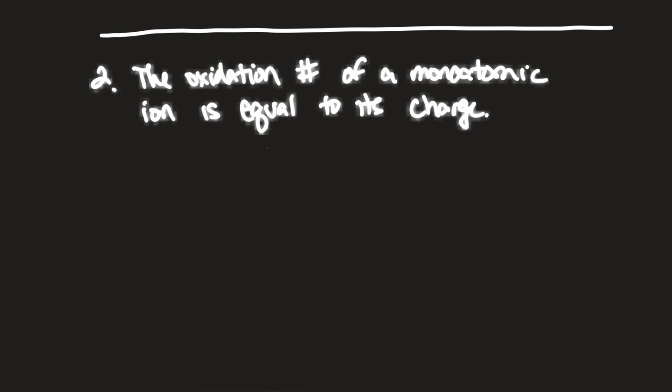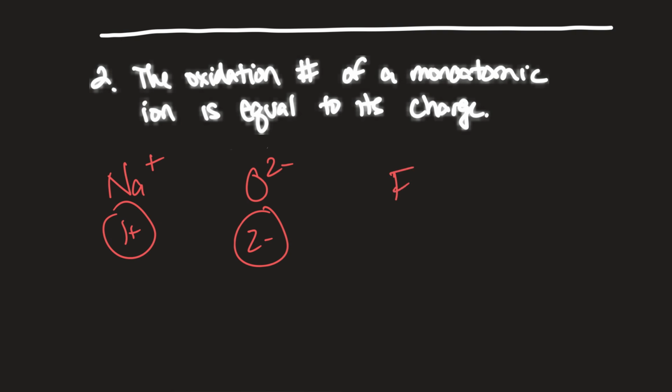So for example, if we have Na+, what is the oxidation number? It's +1. If we have O2-, what's the oxidation number? It's -2. If we have Fe3+, what is the oxidation number? It's +3. So if you have an ion, the oxidation number is the charge of the ion.